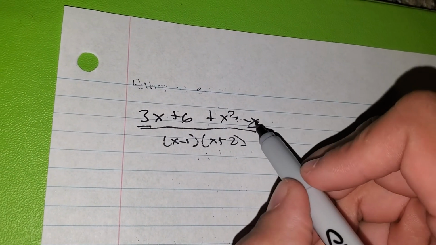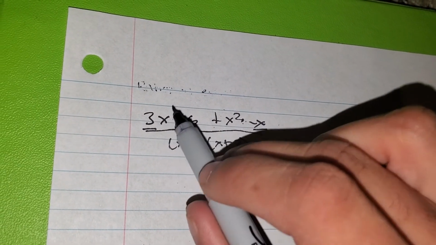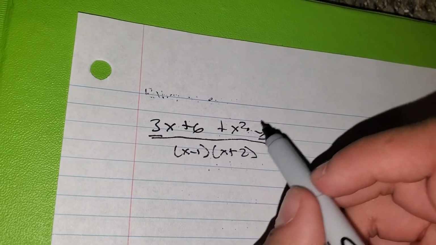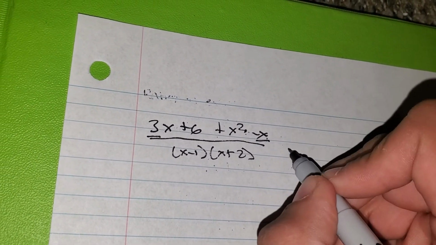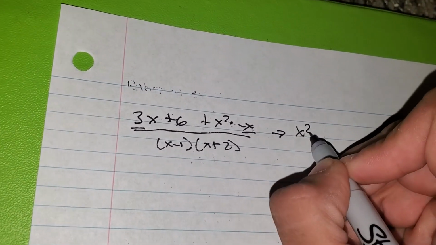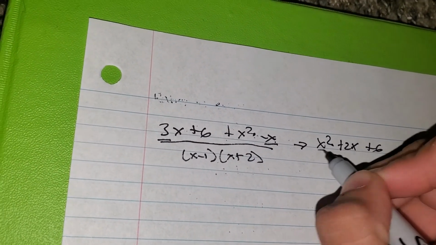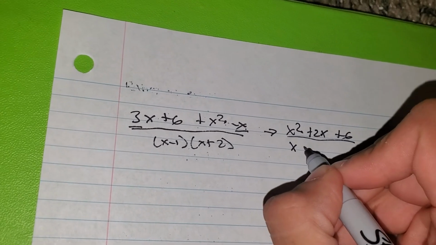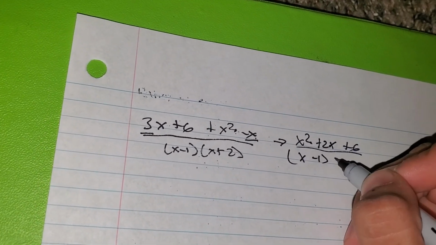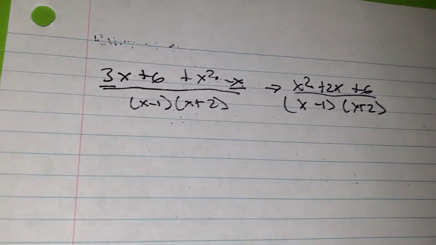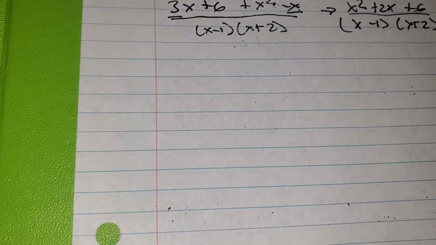Both expressions in the numerator have x in common, so 3x minus x is 2x, so we have x squared plus 2x plus 6, all divided by x minus 1, x plus 2. I use parentheses to break this up because we really need to do that.